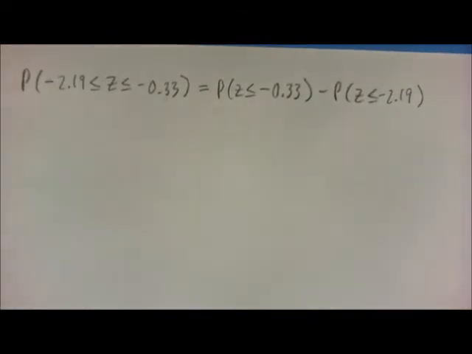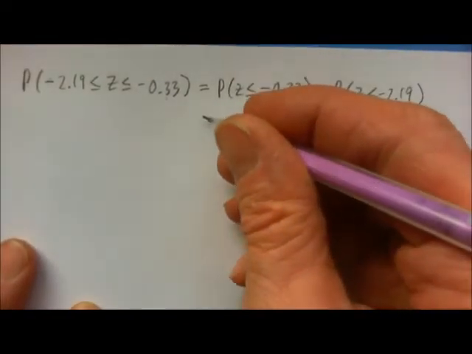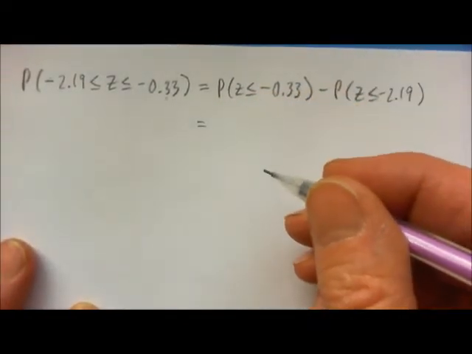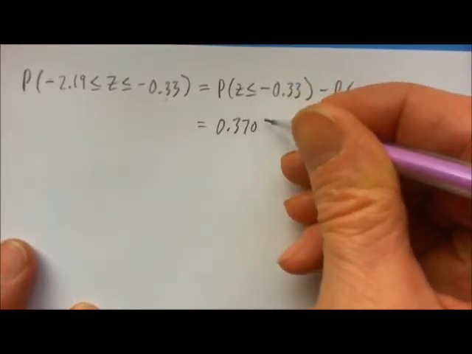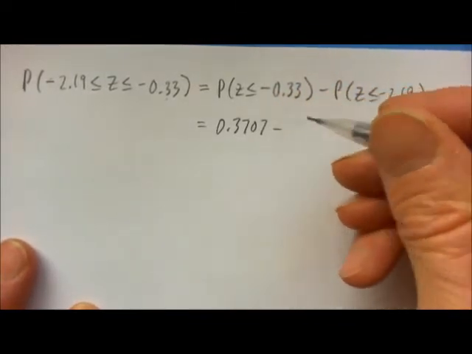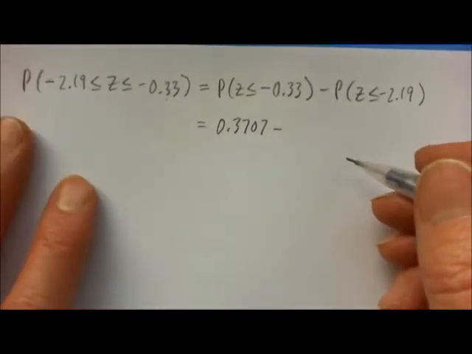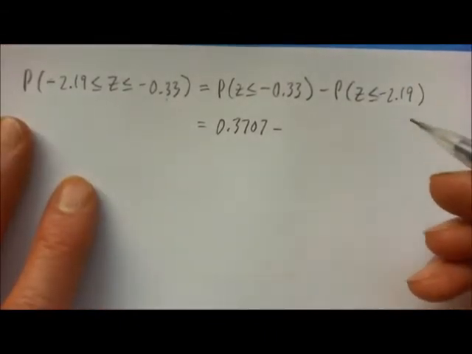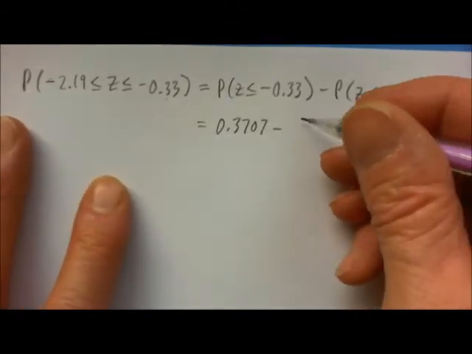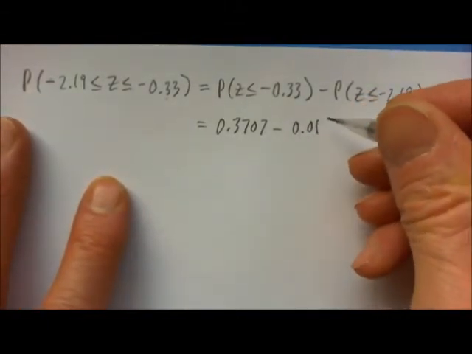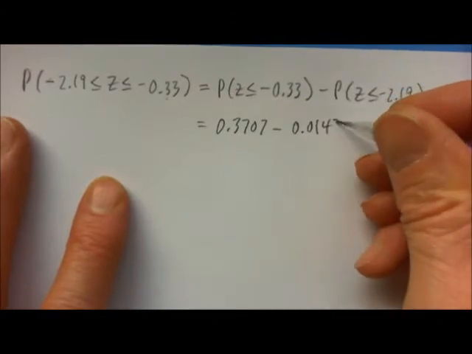Okay, so looking those up on the table, the probability that z is less than or equal to negative 0.33 is 0.3707. Look that up again if that's not the value you got. Pause the recording and look again. The probability that z is less than or equal to negative 2.19 is 0.0143.